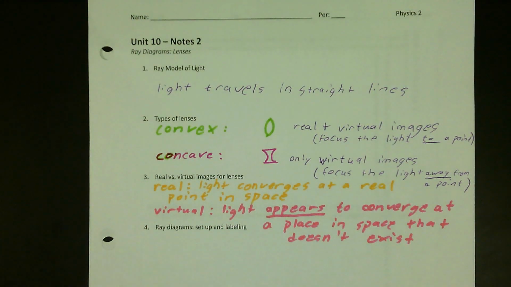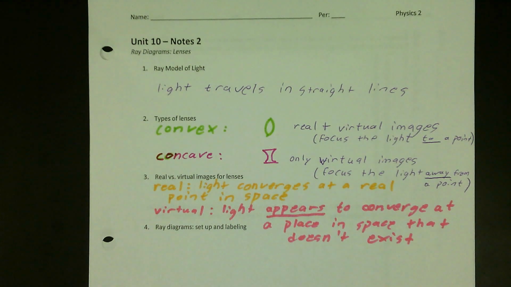It appears to form at a place that doesn't exist. Standing in front of your mirror in the morning, in your bathroom, that's a virtual image. It looks like the light converges inside of the mirror, which isn't a real place. You can't actually go into the mirror. You can't fit your hand in the mirror. You can't put your hand where the image forms. So that is a virtual image. It doesn't actually converge there. It just looks like it does. But it doesn't really converge in that spot because that spot doesn't exist. So that's virtual versus real.